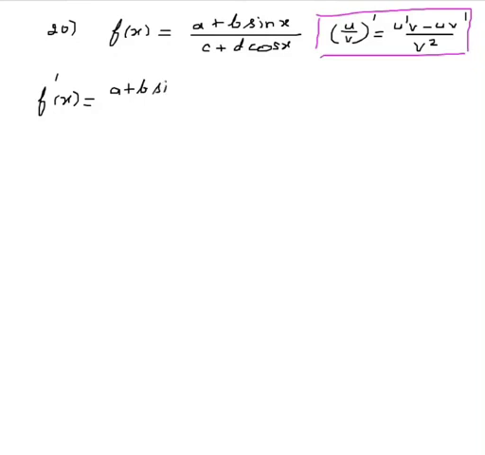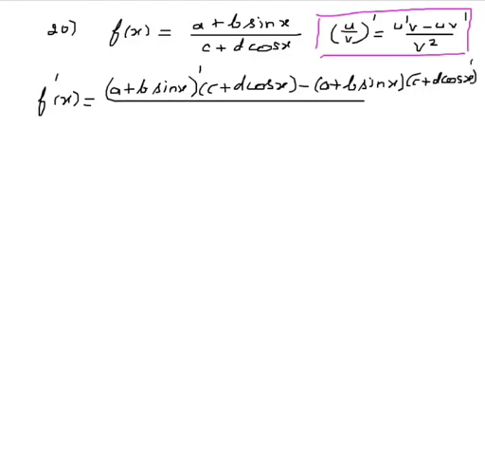a plus b sin x dash into v, minus u into v dash, divided by c plus d cos x the whole square.